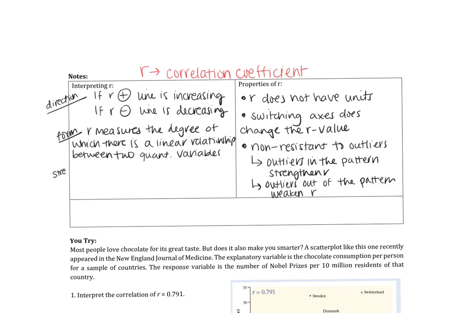And R also tells us about the strength of that linear relationship. We have this kind of standard scale that we follow right here. 0 means there's no correlation at all. Between 0 and 0.5, either in the positive or negative direction, indicates a weak linear relationship. So this would be a weak negative or a weak positive relationship. Between positive and negative 0.5 and 0.8, we see a moderate relationship.